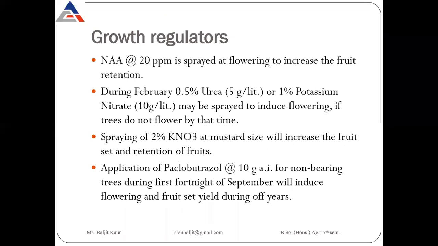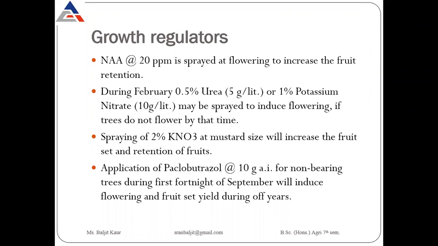And paclobutrazole can be applied to non-bearing trees during the first fortnight of September, and it will induce flowering and fruit set and yield during off years, right? You may already know that many varieties of mango are alternate bearers. That means they bear fruit in one year, and the next year is the off year for them, when they do not bear any fruit or very little fruit.